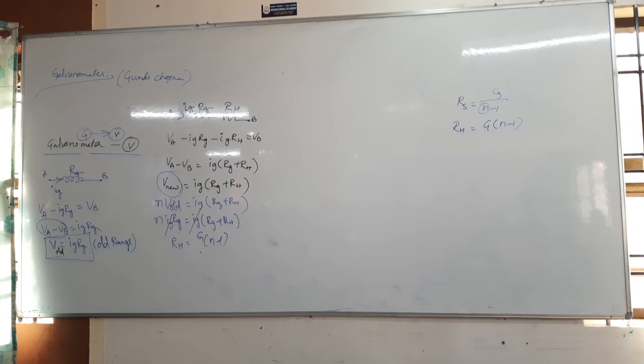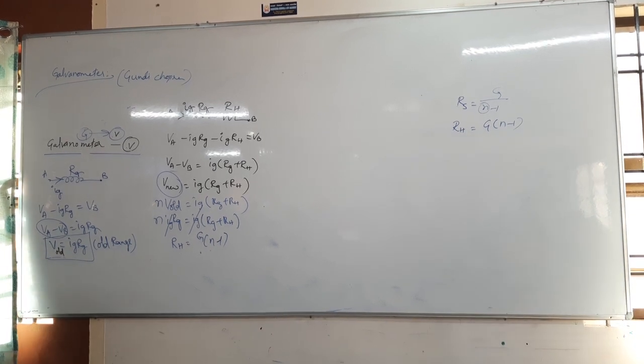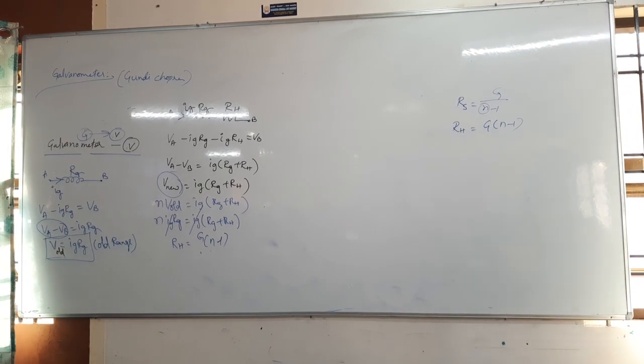The value of Rg is 30 ohms and its current range is 1 milliampere.